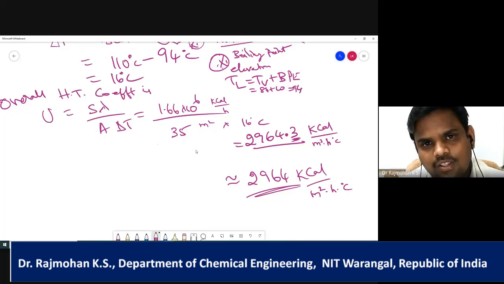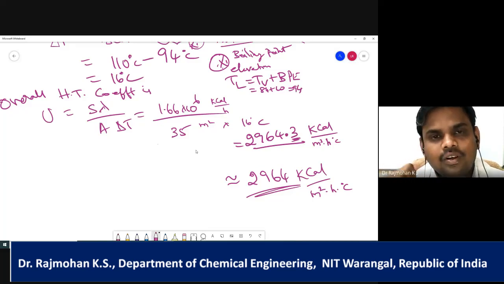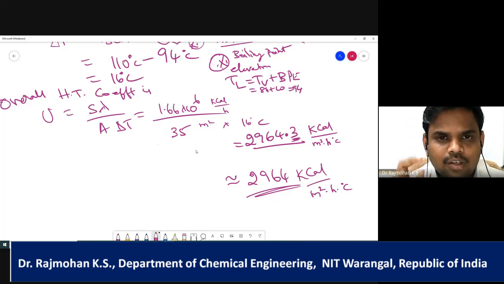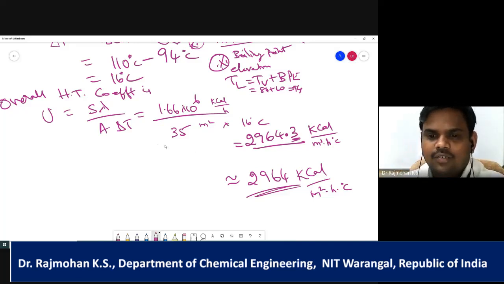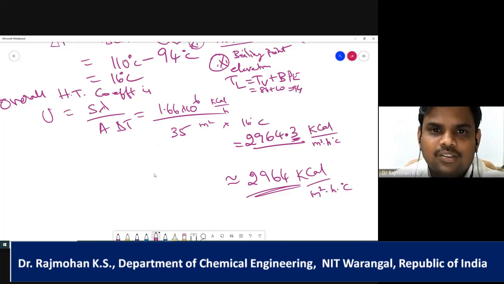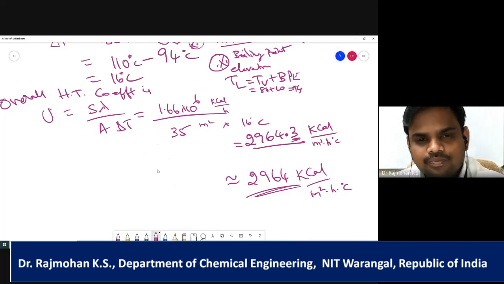That together gives us the temperature of the liquid product. So this important point was considered in the second numerical. We got the answer for the steam requirement, and the overall heat transfer coefficient is determined.